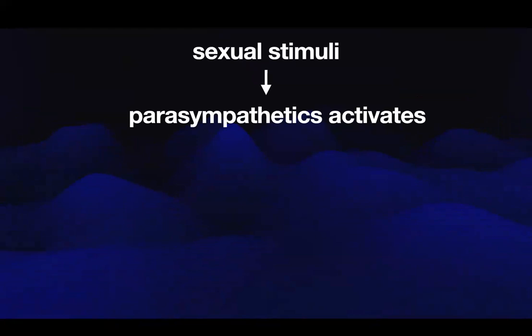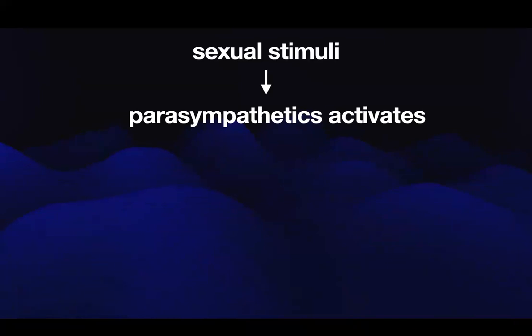And again, it's the same concept. Some sort of sexual stimuli, or sometimes, as I'm sure many of the guys here are familiar with, without a sexual stimuli, just like that, for some reason, you have activation of the parasympathetics. So this is very important. In order for you to get hard, it's more of a parasympathetic response. People do not tend to get hard in fight or flight responses.